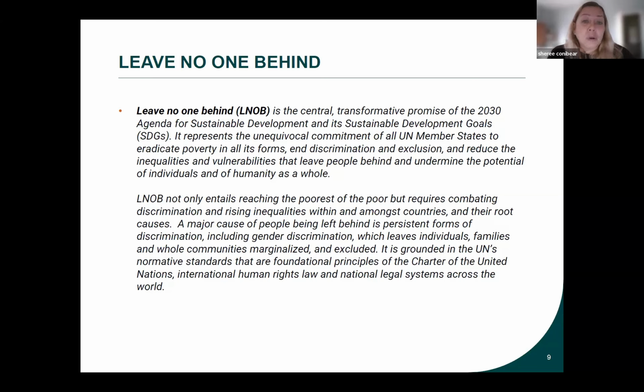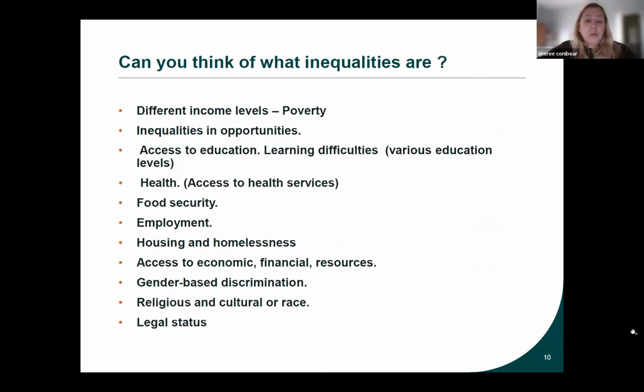So what are those inequalities that mean these people are left behind? It could be gender discrimination, and I'd seen on Kate's slides one of them was Saudi Arabia's issue with people being left behind because their culture does not accept certain people in how they present themselves or their gender, etc. So that's what we have to think about.